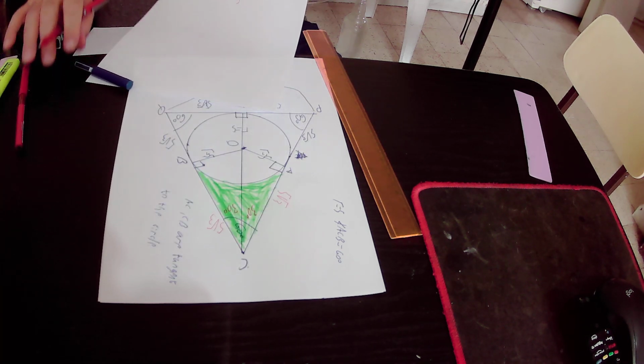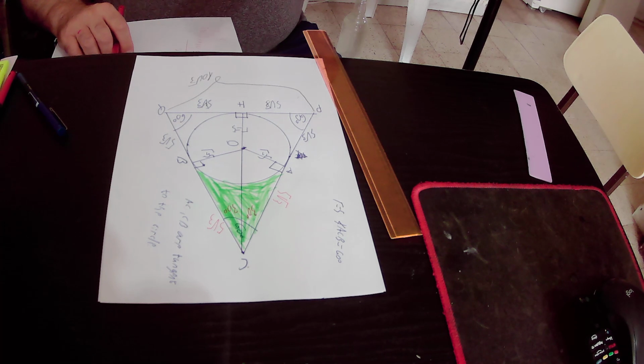But because triangle CPQ is an equilateral triangle, CP equals CQ, because all of the sides of an equilateral triangle are equal to each other.